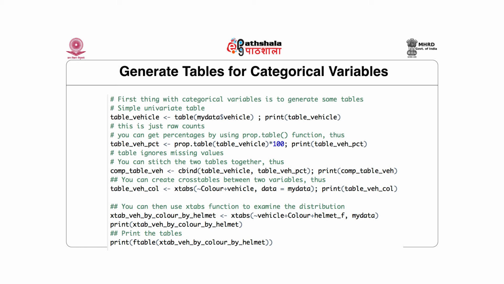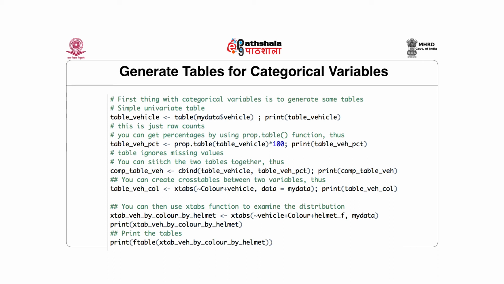So if you use table of a variable and then print that, I leave that exercise to you rather than showing you this, but later on I may be showing you some of these things. If you then go ahead and run print table vehicle, you will see that this table is only going to give you the raw numbers of each of the levels of the categorical variable vehicle.